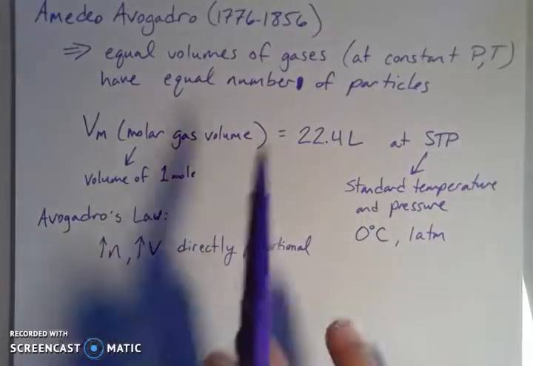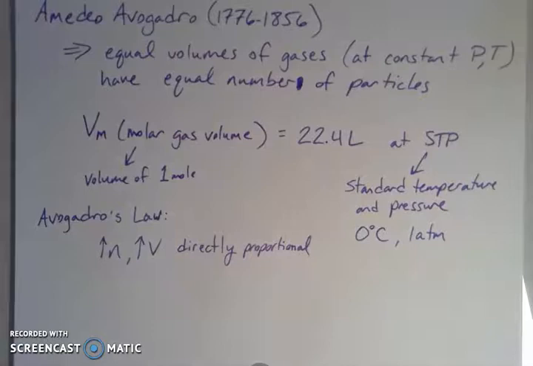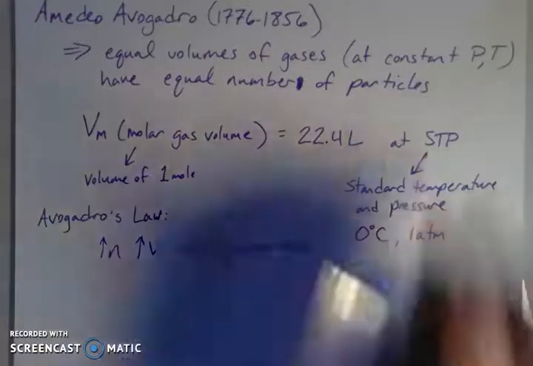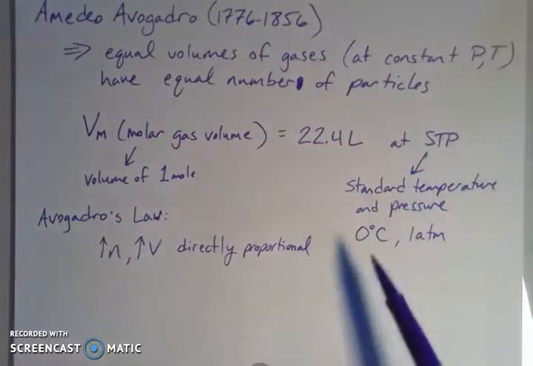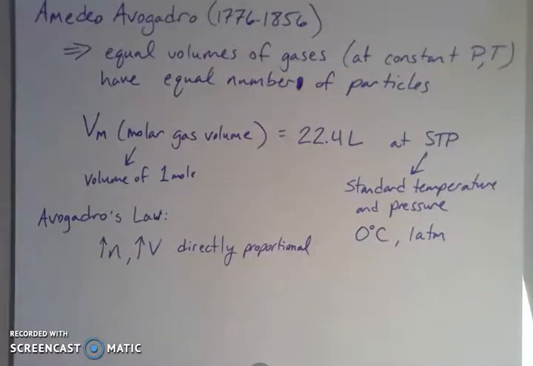Now really, Avogadro's law is that equal volumes of gases have an equal number of particles. But if we're thinking about this from a mathematical standpoint, then we can talk about the ratio because of this direct proportionality. So long as we are keeping constant pressure and temperature, then whatever temperature and pressure we're at, if we're at non-standard conditions, we can still figure out what the volumes are going to be and how they're going to change.